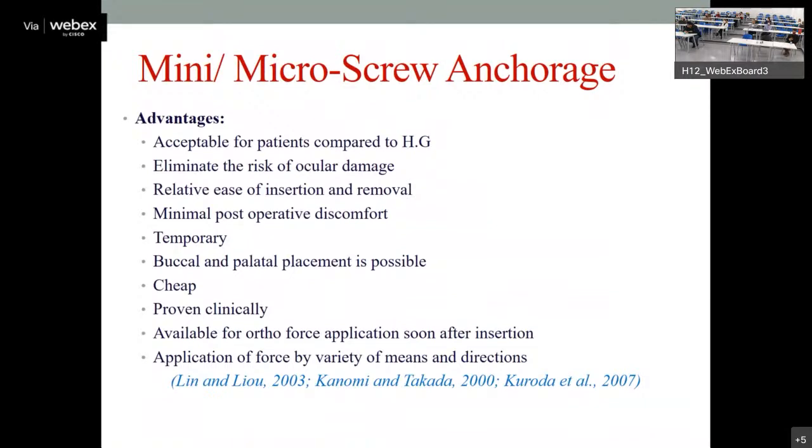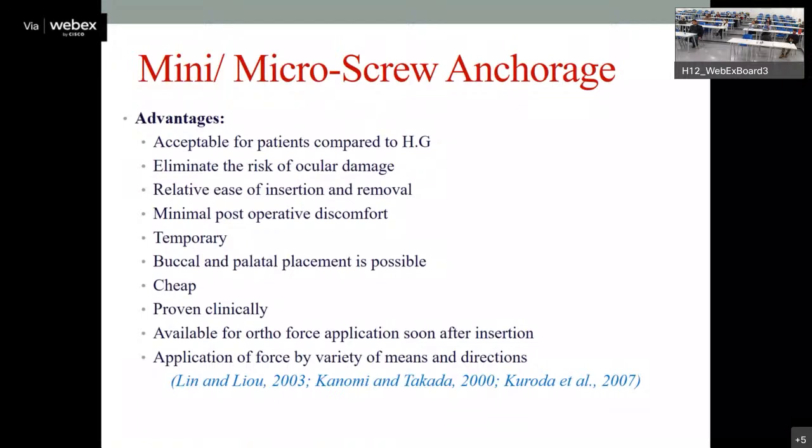They can be inserted easily. They eliminate the risk of ocular damage, as we mentioned before, with the headgear. The insertion and removal are relatively easier compared to the midpalatal implant. The post-operative discomfort is very minimal. They are temporary. You can insert them and remove them anytime during the treatment. They can be placed buccally and palatally, and they are relatively cheap and clinically proven.